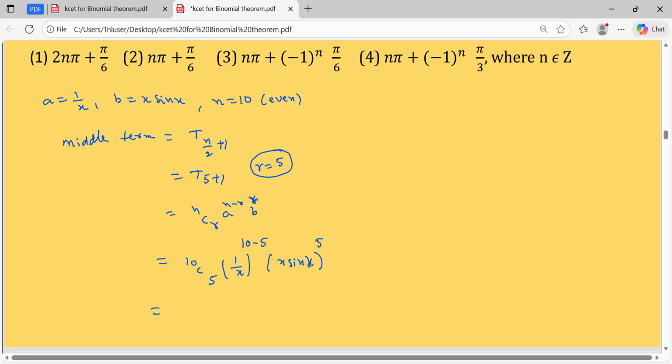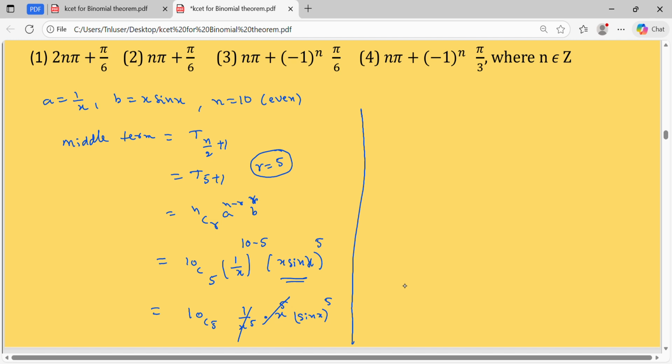Now find out the 10C5 value. Now 10C5, this 1 by x power 5 into, apply separately, x power 5 sin x power 5. x power 5, x power 5 cancel.